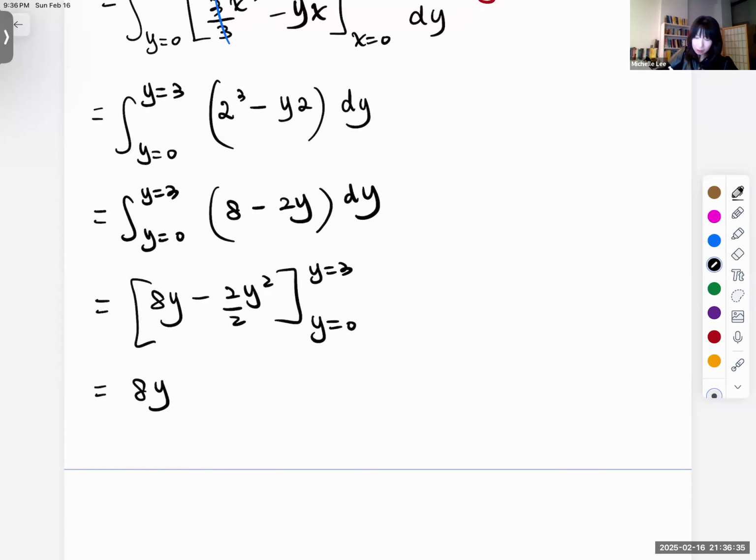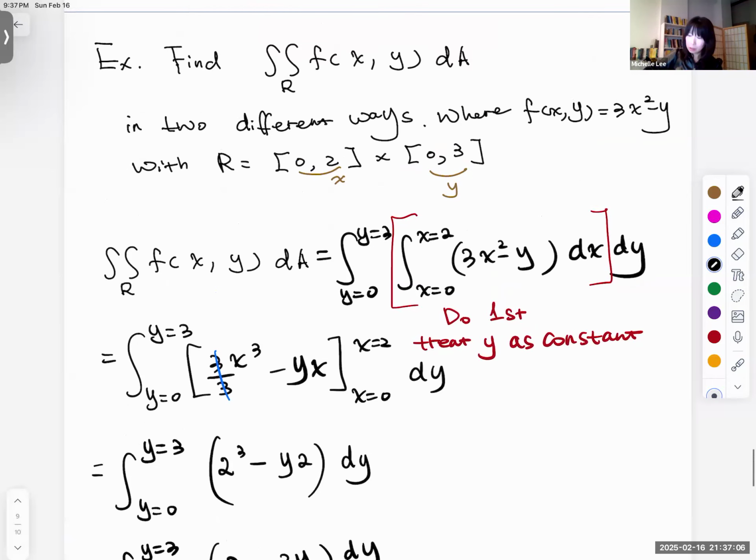So 8 times 3 minus 3 squared, and then the second one is 0, right? Okay. Now, can you please calculate? 15? Good. All right, so we did this one.